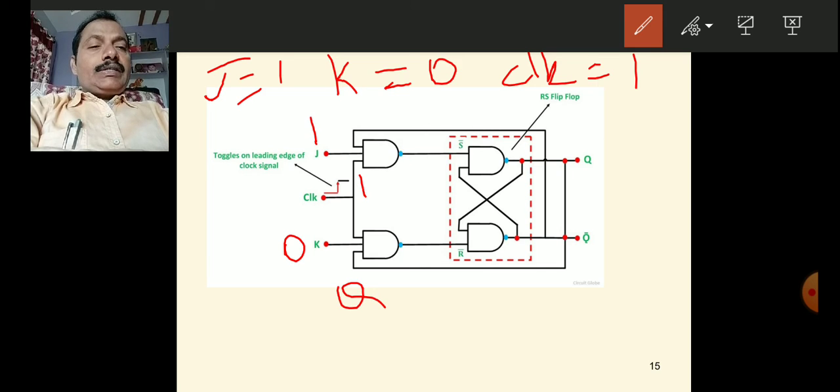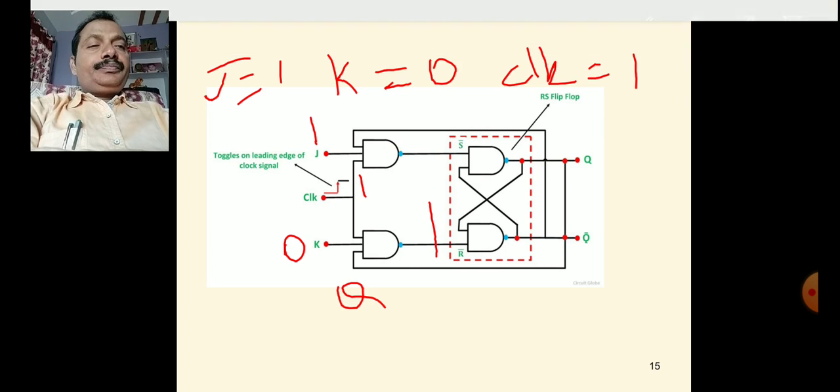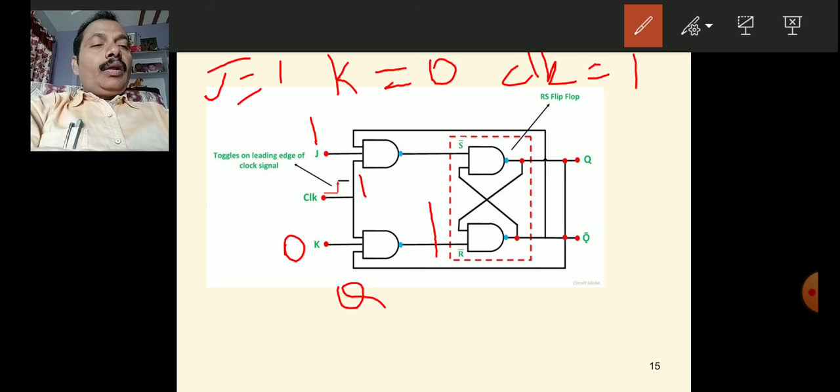Because this down NAND gate has one input 0, the NAND gate output is 1. But this NAND gate output we can't determine. Hence we have to assume the values. For example, let us take Q is 0, Q bar is 1.